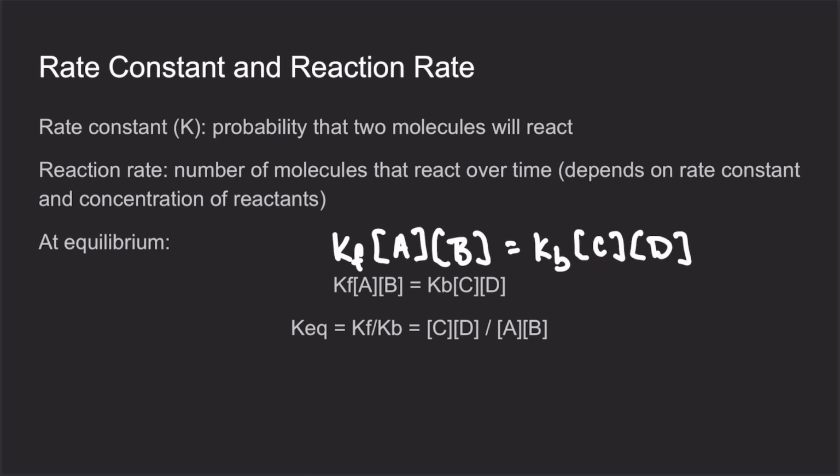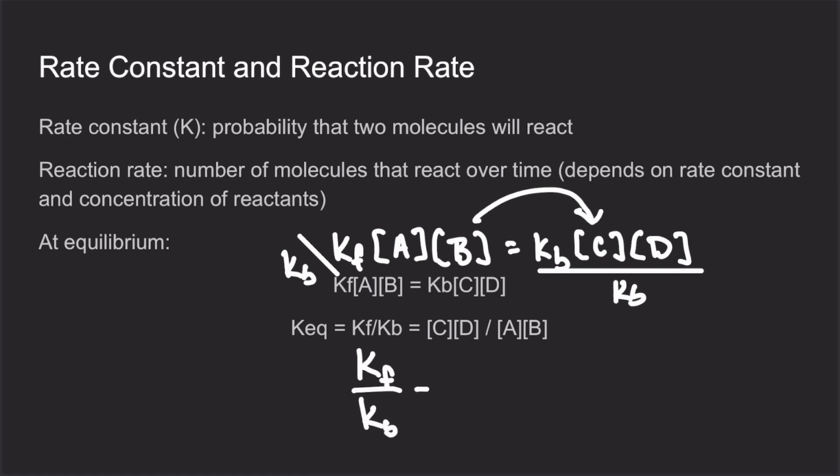And so now, if we were to get all the K's on one side and everything else on the other side, we'll divide this by Kb, and this side by Kb, and we're going to also divide everything by the concentration of A times the concentration of B, to move these guys over. We end up getting Kf over Kb is equal to the concentration of C times the concentration of D divided by concentration of A times the concentration of B.